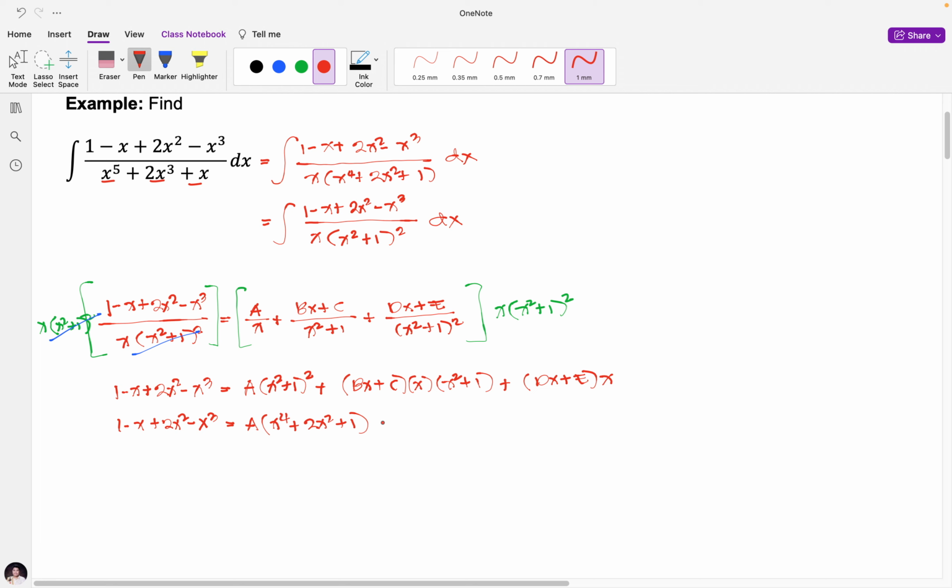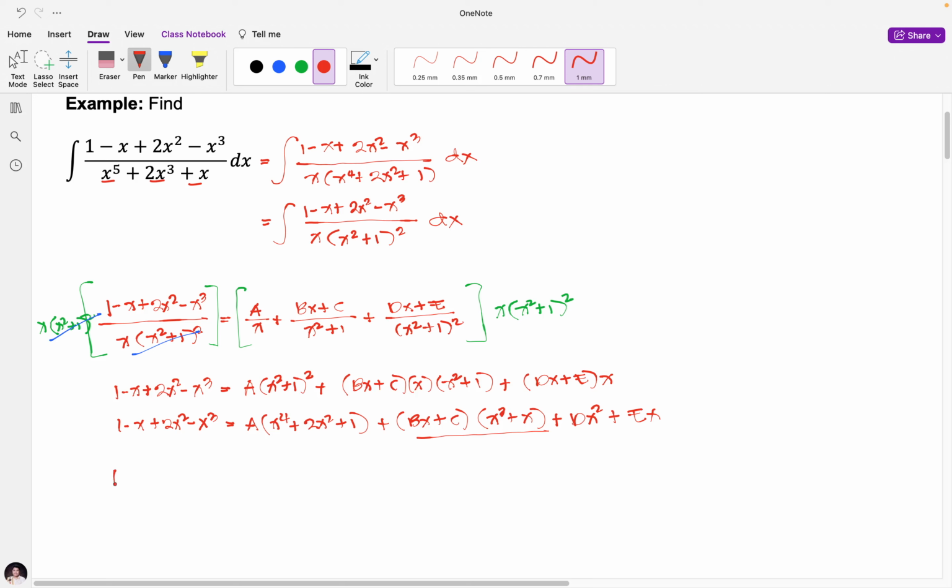Then dito, we have plus bx plus c times, distribute natin si x, so that is x cubed plus x. And plus ito, diretso na, dx squared plus ex.